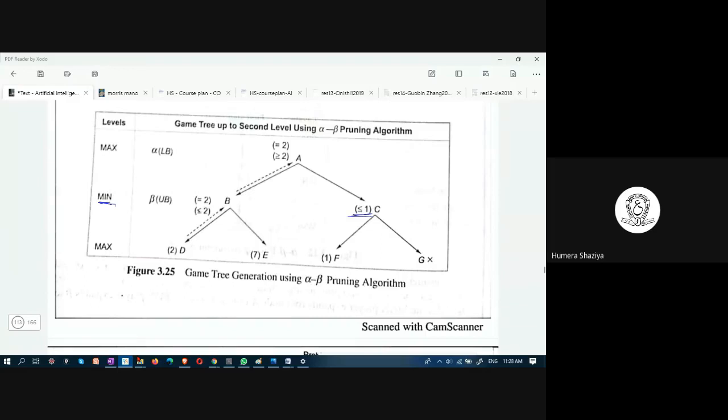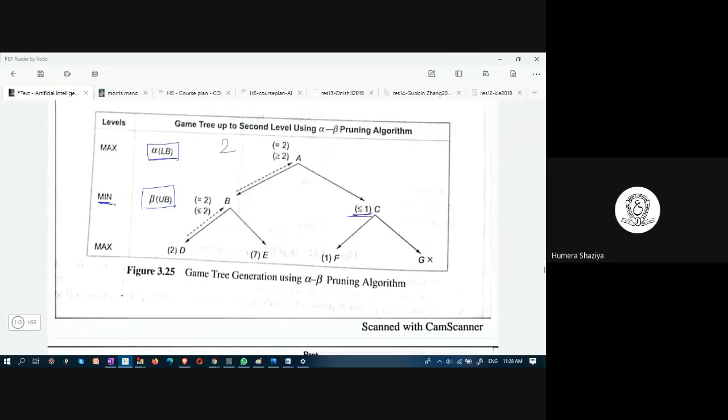For max, it should be greater than or equal to 2. For max, this is the lower bound, alpha. For min, it is the upper bound, beta. Upper bound is 2. Here lower bound is 2. Lower bound is 2 means it is open for any other value greater than 2. That's why it is lower.